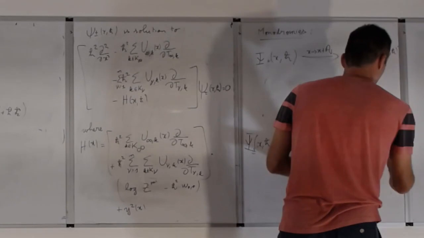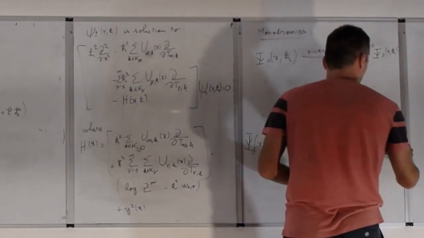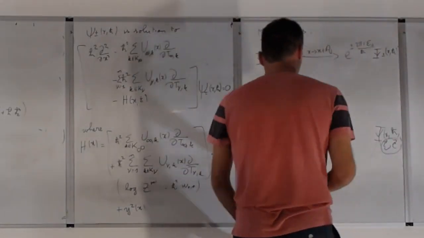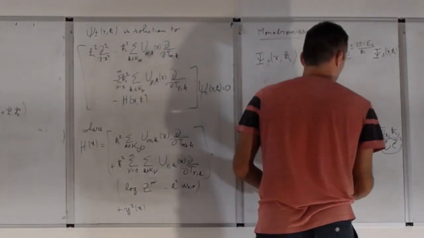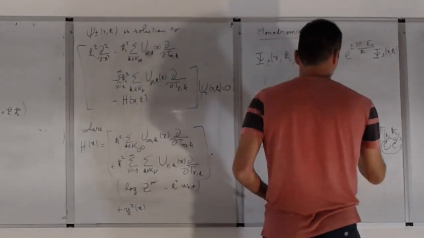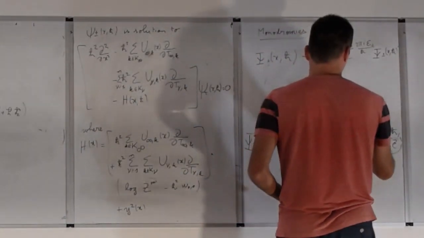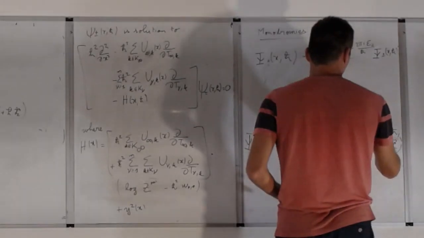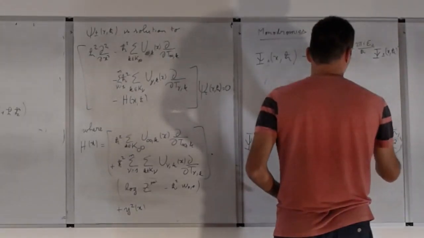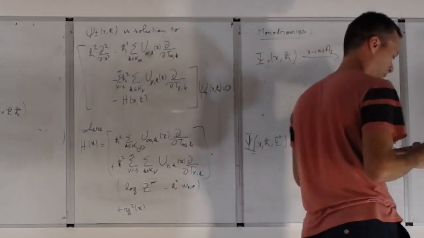And what you get instead is just an exponential term, minus plus 2 i pi j over h bar. Maybe I should say this depends on rho.